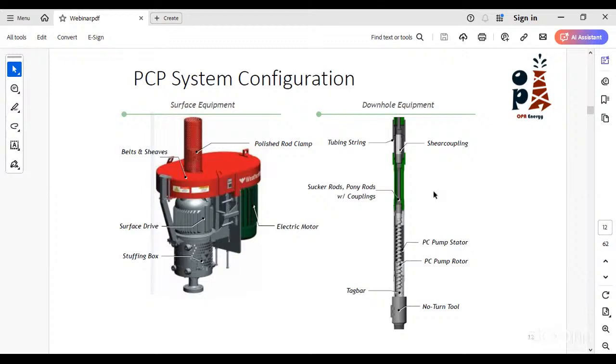The insertable one is totally deployed inside the tubing through a pump seating nipple that has a profile for the pump to sit inside. In this case, we are limited by the inner diameter of the tubing, and of course, we can say that it is designed for lower flow rates than the tubular ones.